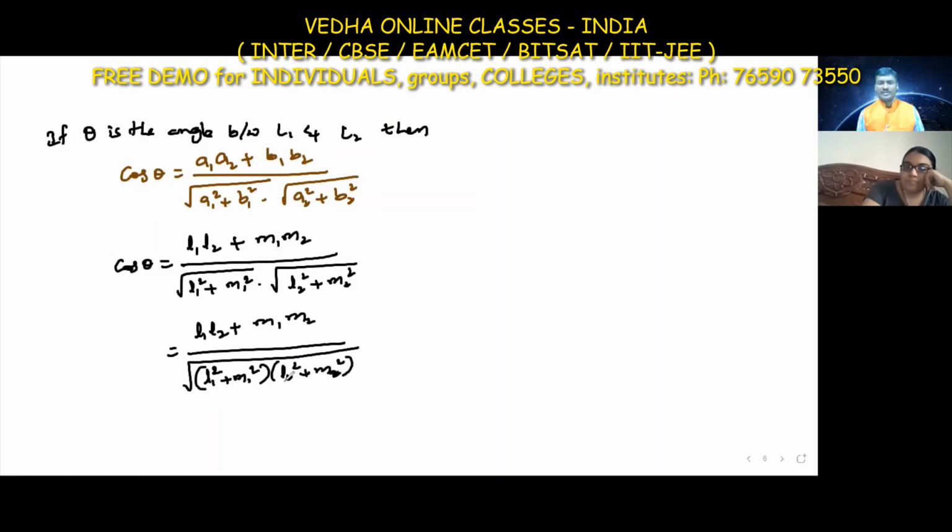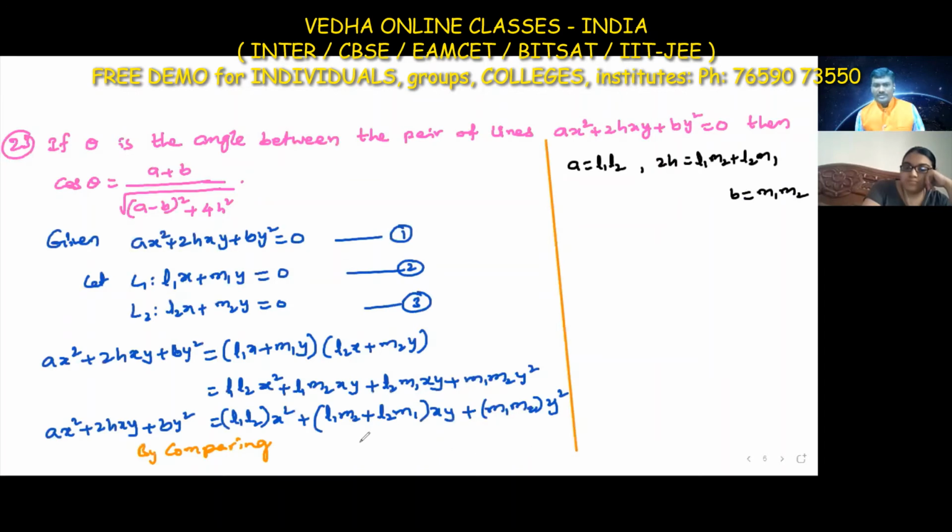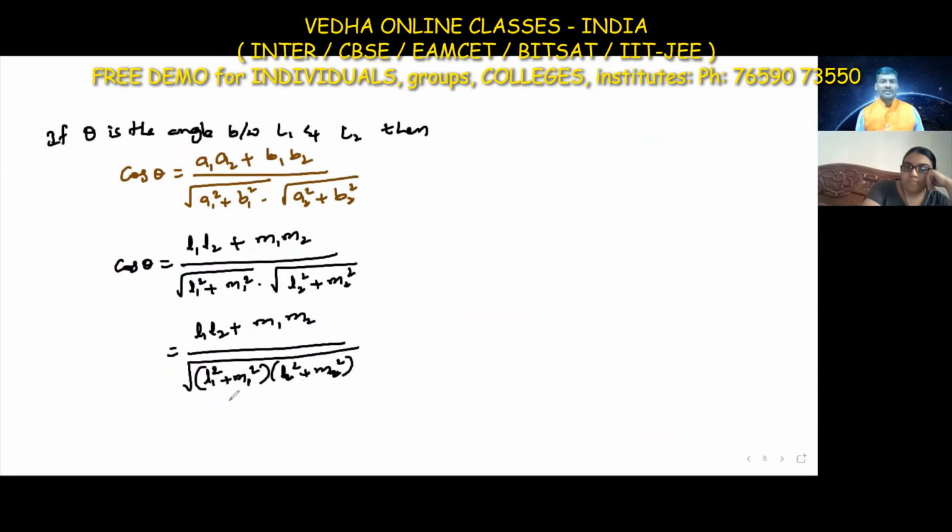Now multiply the terms. L1 L2 is nothing but the a value, and M1 M2 means the b value. I am substituting these a and b values in the numerator, so that is a plus b whole divided by under root of.